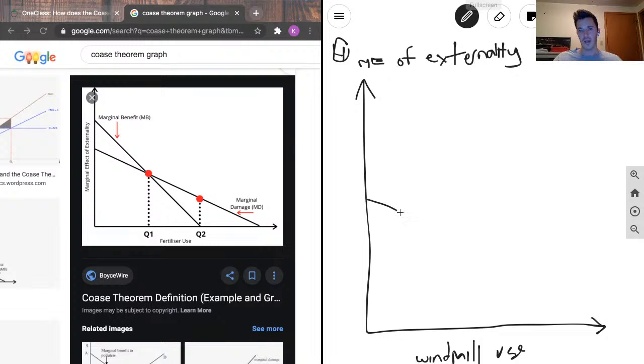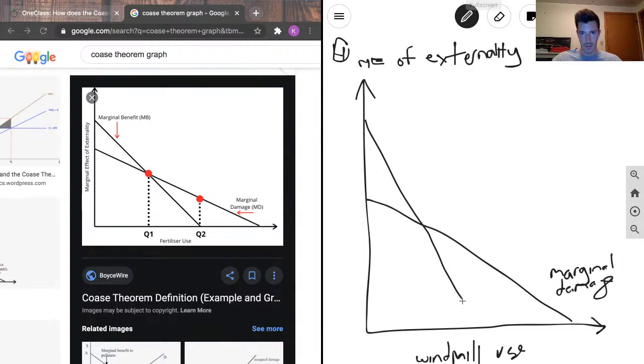The MD, marginal damage curve, is going to be how much the company runs the windmill. So the more they run the windmill, the more damage that is done. Marginal benefit is going to be from the company's perspective.